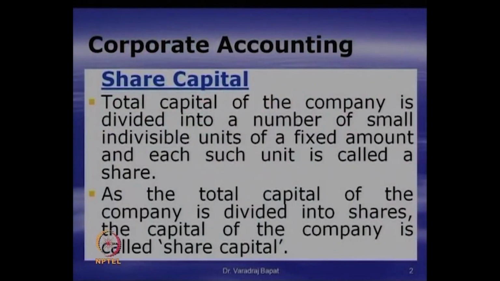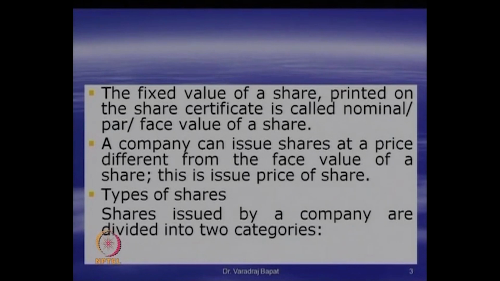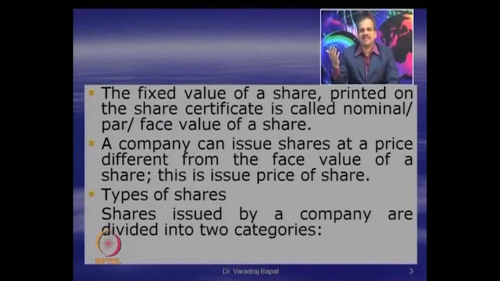We have seen that the total capital of the company being contributed by many people, each small unit is known as a share. Now the fixed value of the share which is printed on the share certificate is known as nominal value, par value or face value of the shares. Nowadays you do not see share certificates, many of the companies have dematerialized their shares.